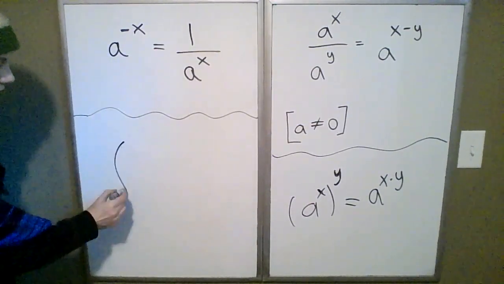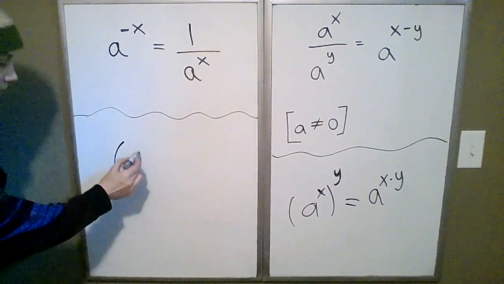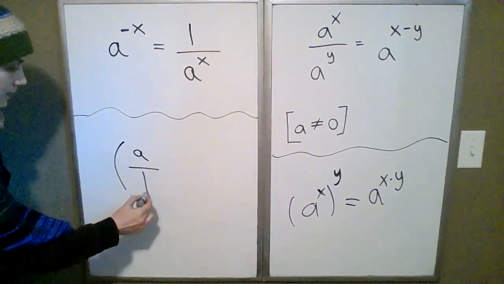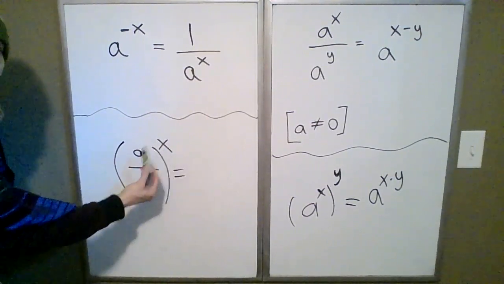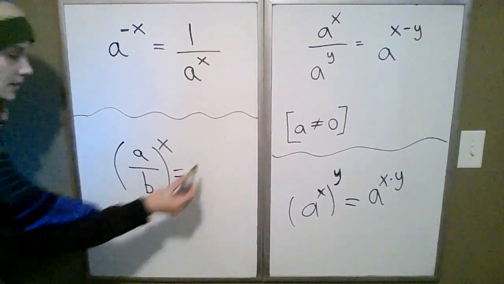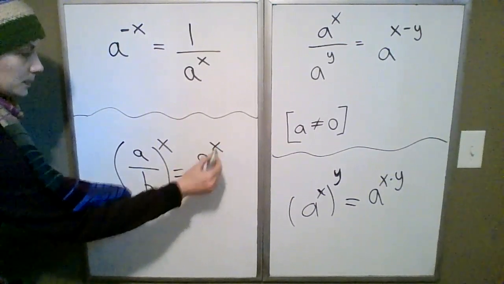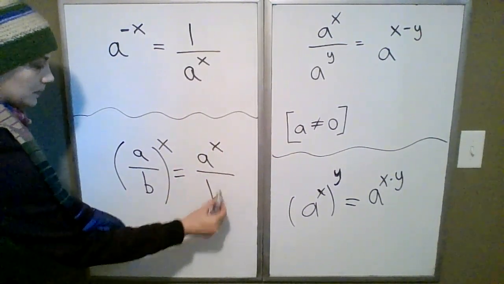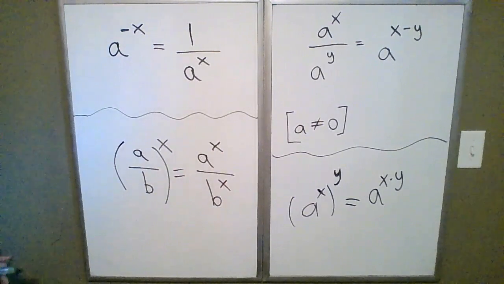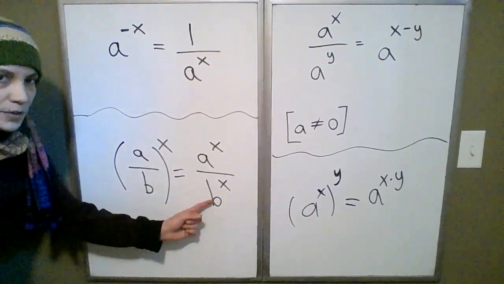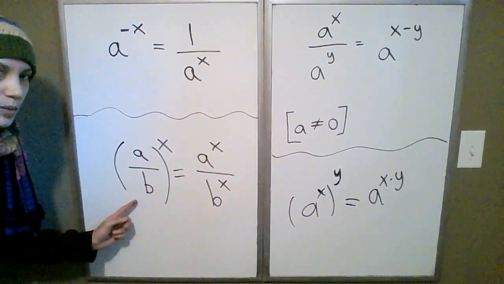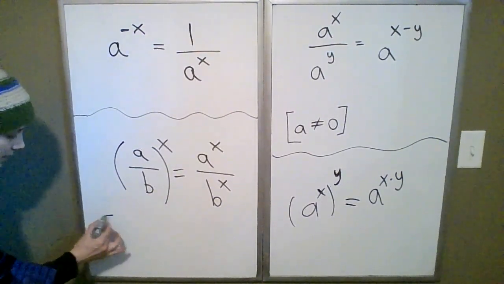We have a divided by b, with power x, is a to the x over b to the x. And this one also has a special note. We don't want to divide by 0, so we're just going to note that b does not equal 0.